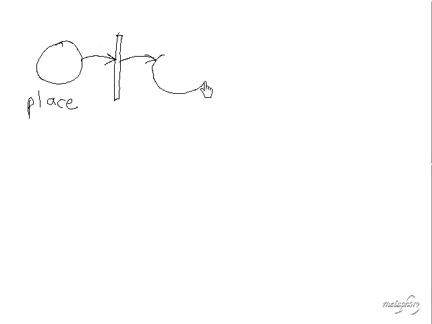So formally, a Petri net is called a bipartite graph because it's a directed graph that's composed of 2 types of elements, namely places and transitions. So we'll say this is place number 2 and this is place number 1.